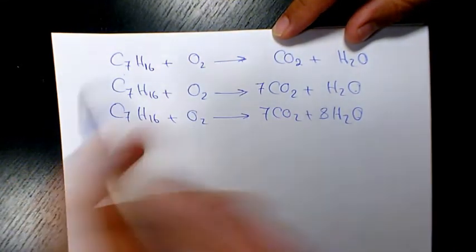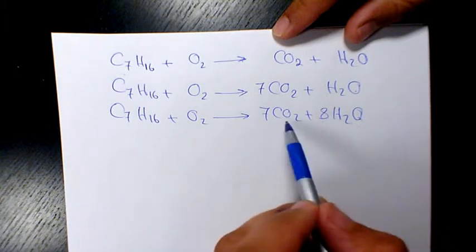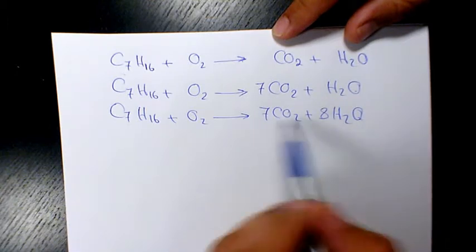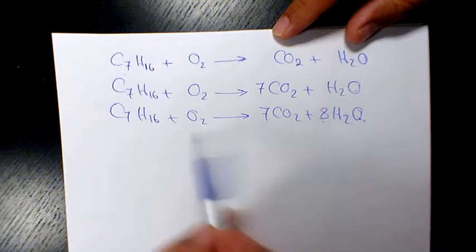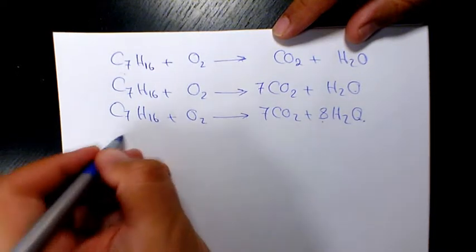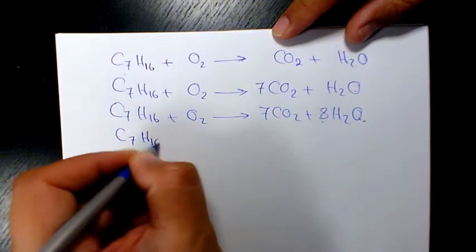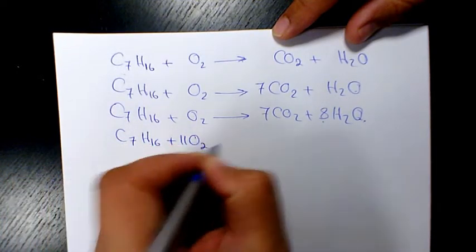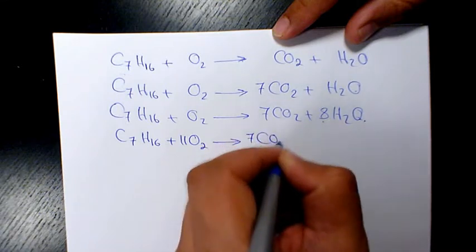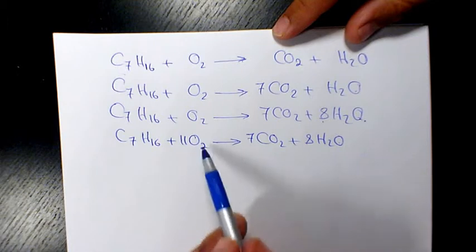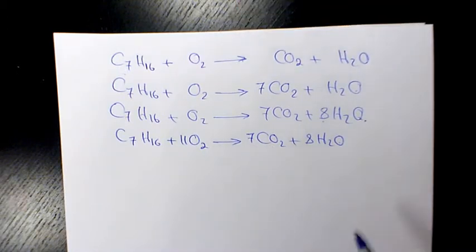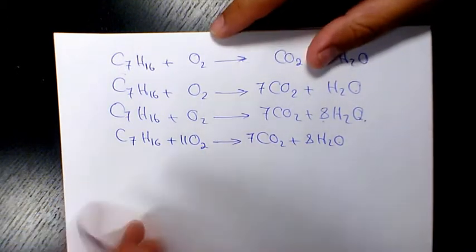Now oxygen. Oxygen, we have 8. 7 times 2, 14. So 14 plus 8 is going to be 22. 22 divided by 2, 11. So C7H16 plus 11 O2 gives us 7 CO2 plus 8 H2O. So 11 times 2, 22. 7 times 2, 14. Plus 8 is going to be 22.